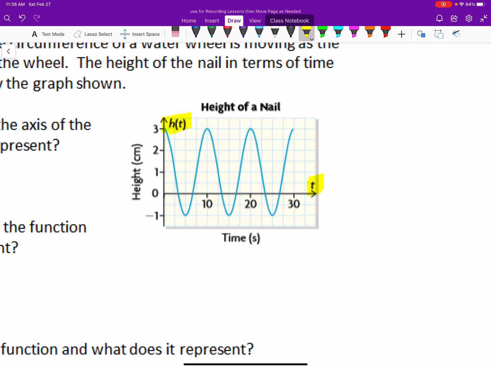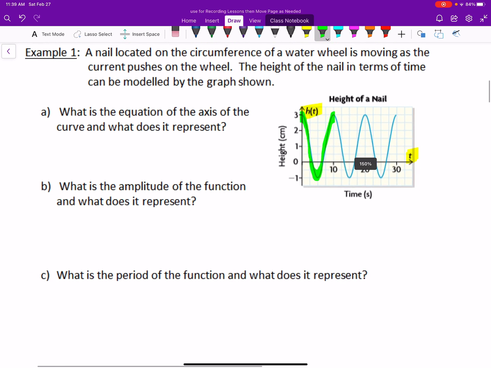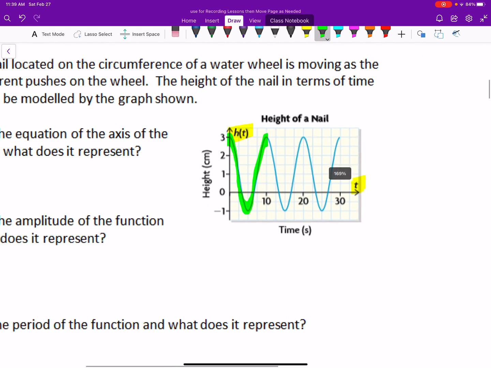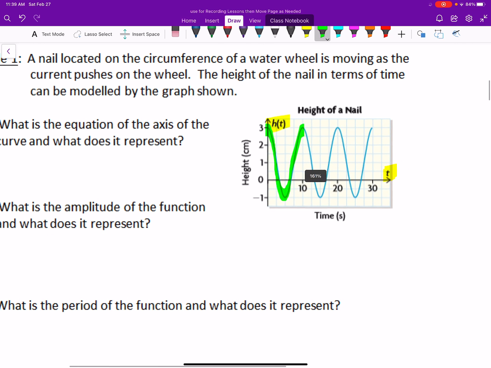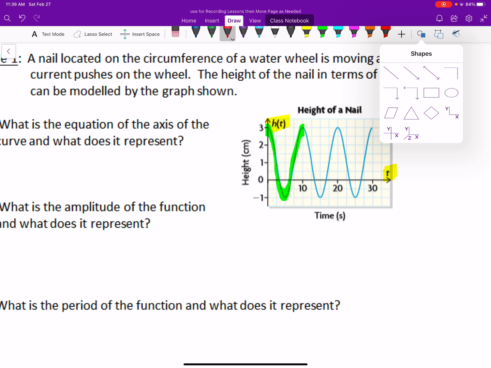We can see that one cycle starts at the maximum, goes down and completes itself in 10 seconds. So the period is 10 seconds. If the maximum's at 3 and the minimum's at -1, then the axis is going to be halfway in between them.